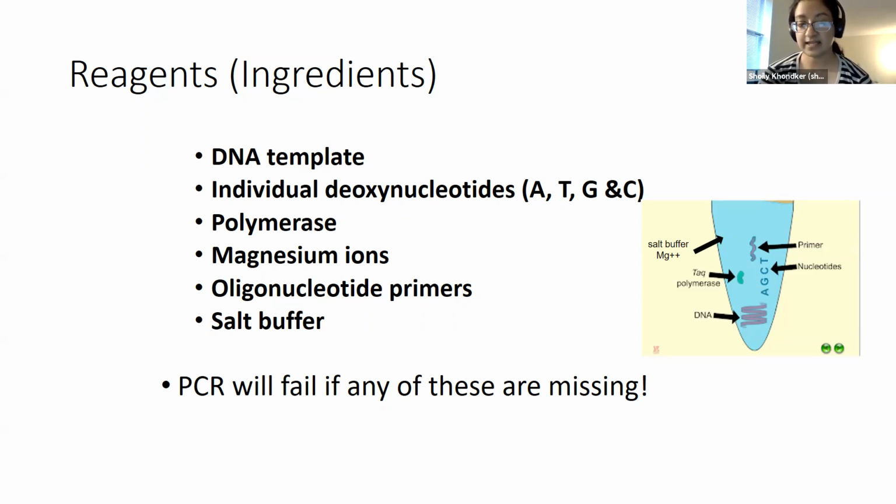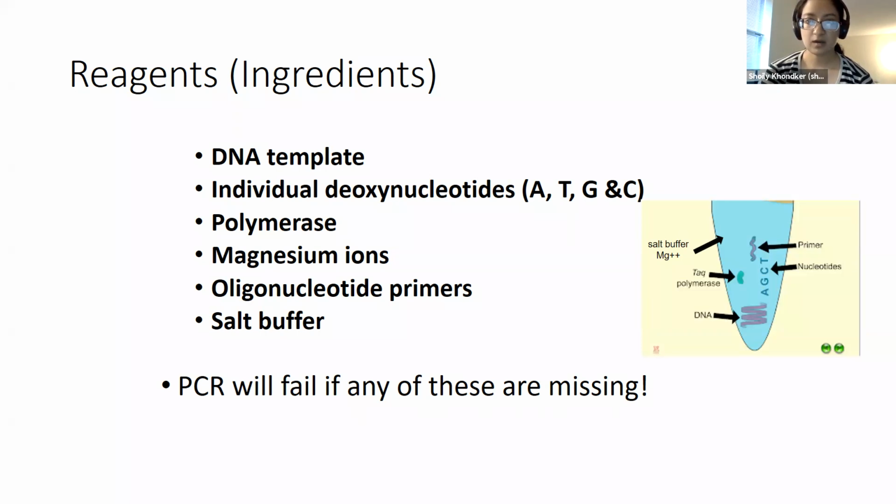You're going to need a DNA polymerase, a very specific kind that I'm going to get into next. You're going to need magnesium ions. A lot of enzymes require a cofactor. In the case of DNA polymerase, magnesium ions act as the cofactor.